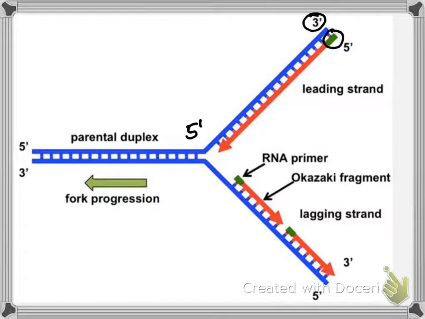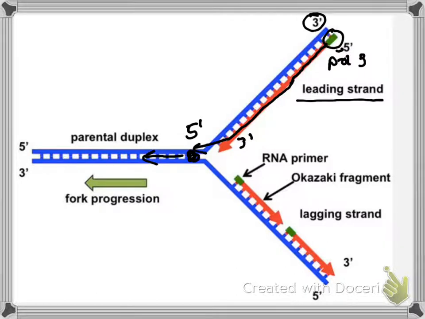You've got your primer, so your pol 3 binds here, and it starts laying down 5 to 3. And what that's doing is, as the helicase is here and unwinding in this direction, this strand is just going to go ahead and follow it. Okay? It's just going to follow behind and lay down the base pairs without an issue. And we call this strand the leading strand.